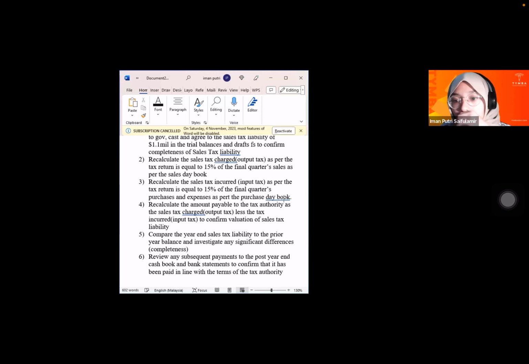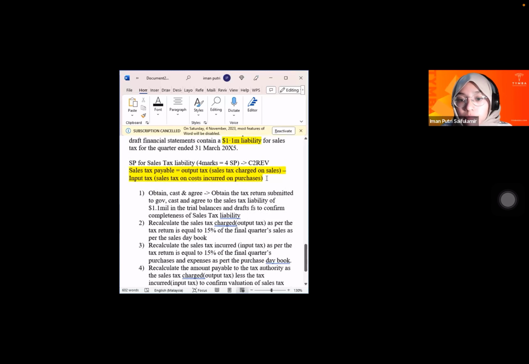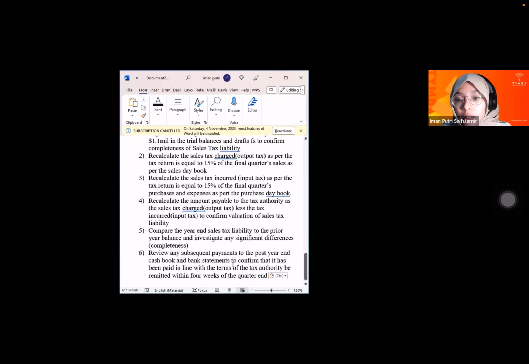How much is the terms of the tax authority? It says that they have to be remitted within 4 weeks of the quarter end. So we copy paste this point: paid in line with the terms of the tax authority, in line with the terms of payment of 4 weeks of the quarter end.